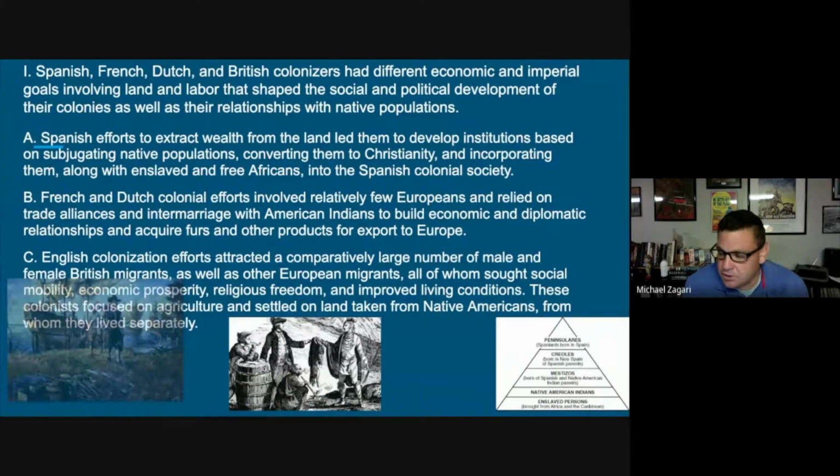And the British are just going to have removal of Native Americans. A lot of that is going to deal with why they are here. Their relationship with American Indians is going to be dictated by their economic reasons for coming into the New World.